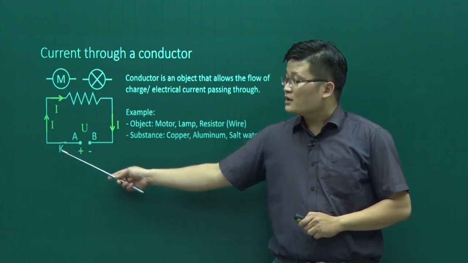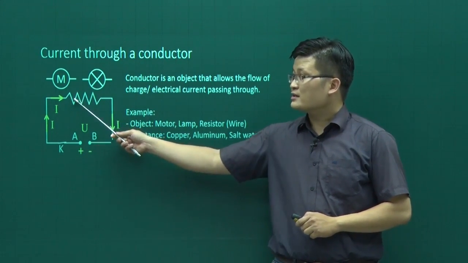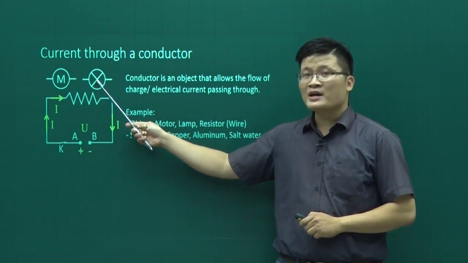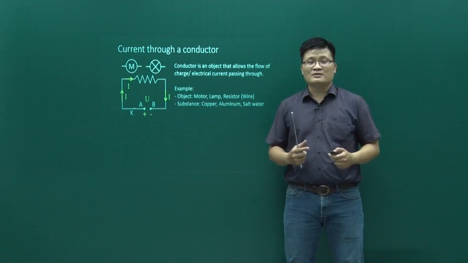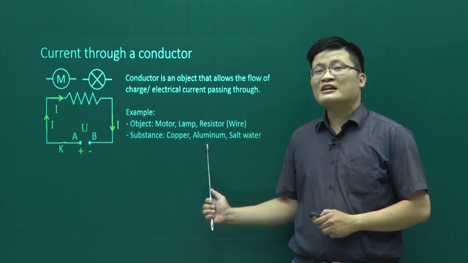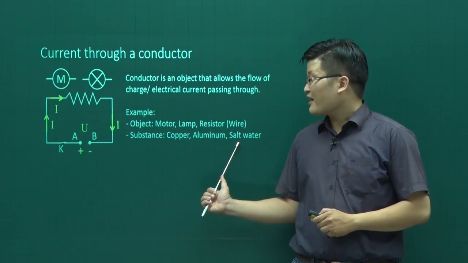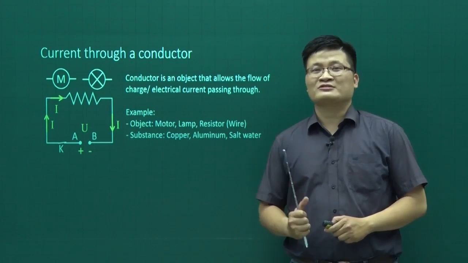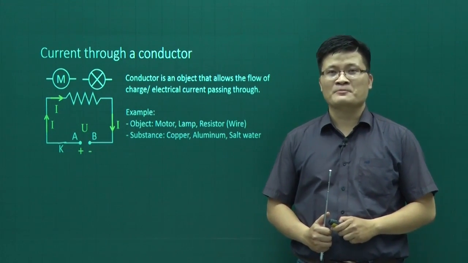But in normal electric circuits, we focus more on the resistor, the motors, the alarm. And the conductor is often made of metal. Some metals here, like copper and aluminum, are very good conductors. But also in some cases, liquid like salt water also conducts the electric current very well.